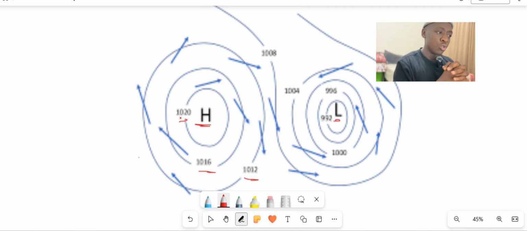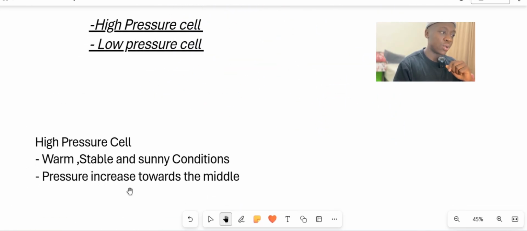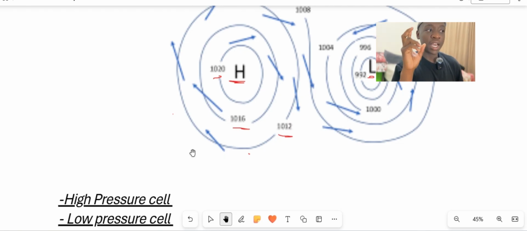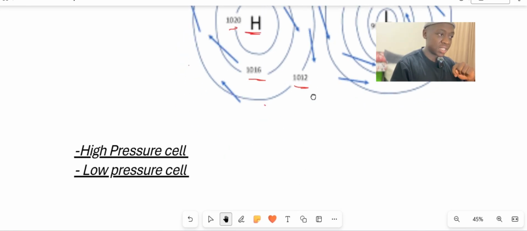Meaning the pressure is increasing towards the middle, towards the center. This is what you should keep in mind to recognize a high pressure cell: the pressure is increasing towards the center.